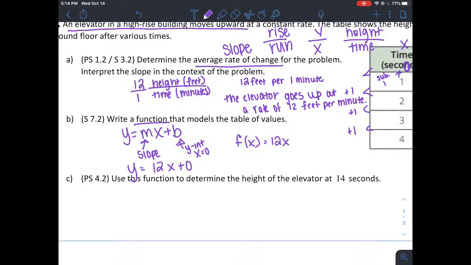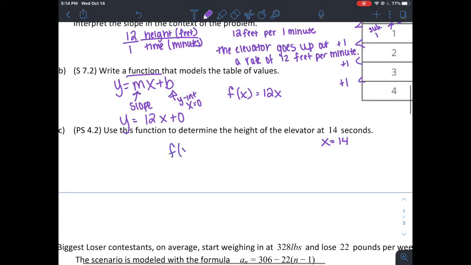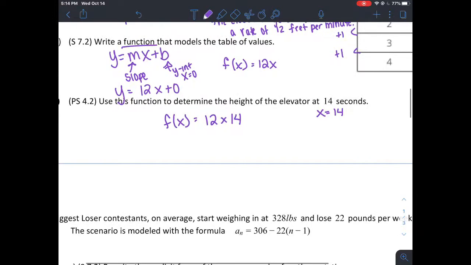And then use this function to determine the height of the elevator at 14 seconds. Remember, time is an x value, so when x equals 14, f of x equals 12 times 14. I should say f of 14, I'm sorry. So many mistakes.